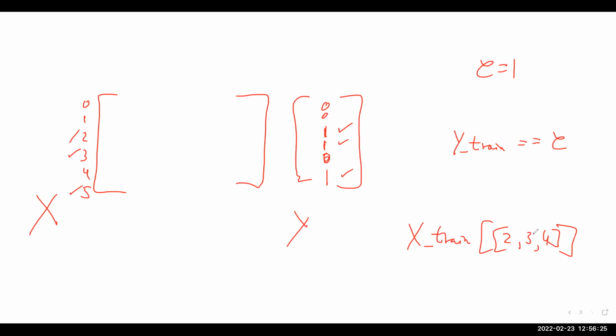So that's what I did, right? So I'm comparing Y to see that it matches a particular value C, 1 in this case. And it's going to basically then tell me, okay, those true ones are 2, 3, and 5 positions, those indices.